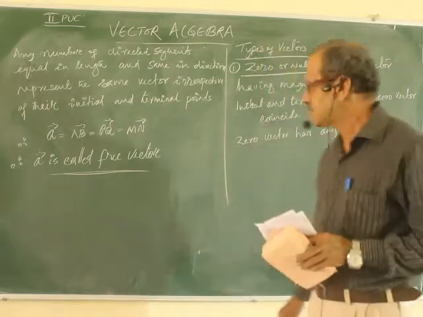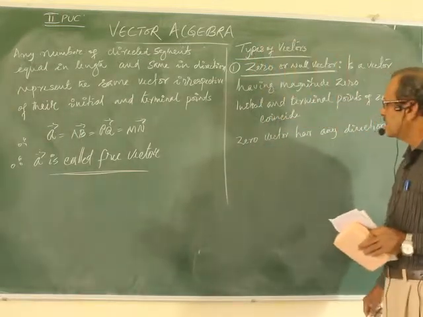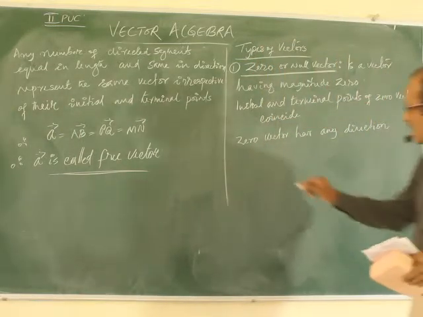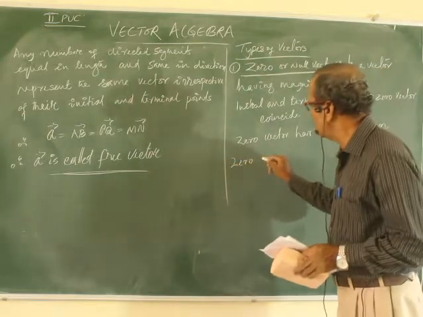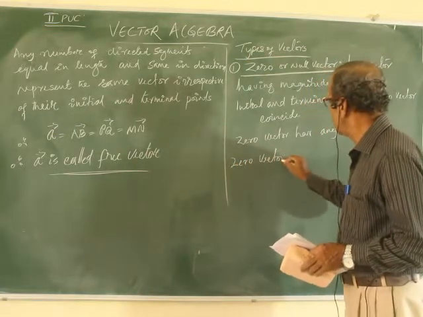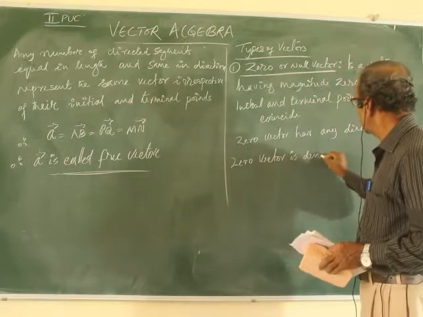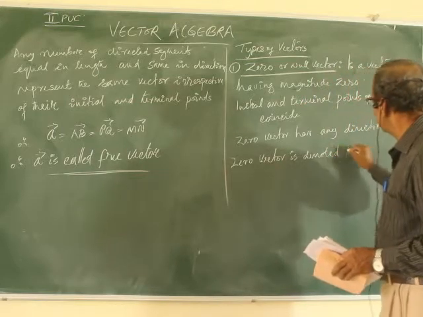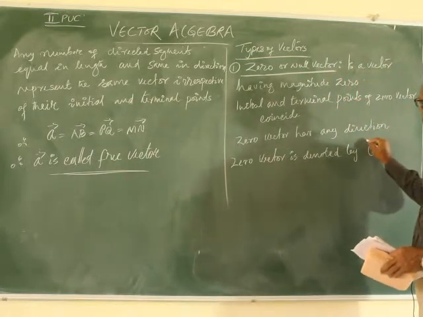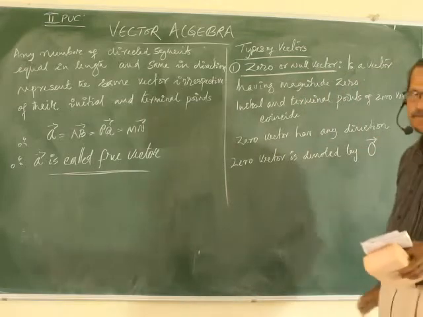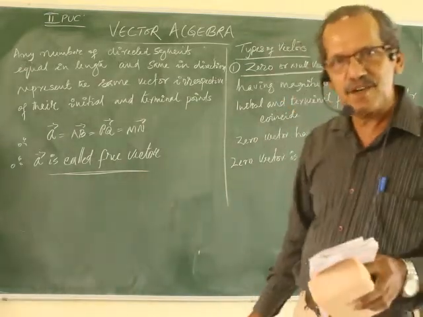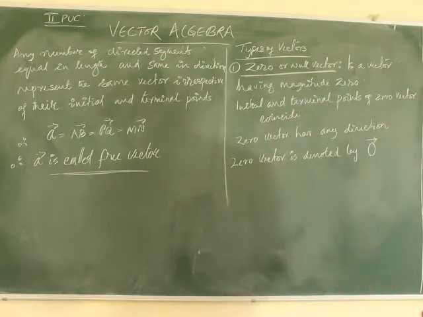Any direction. Zero vector is denoted by zero vector. See, zero, but it is a vector, so zero vector.